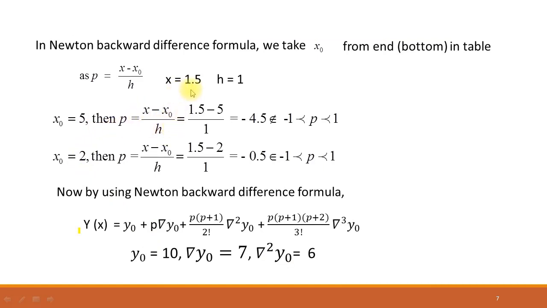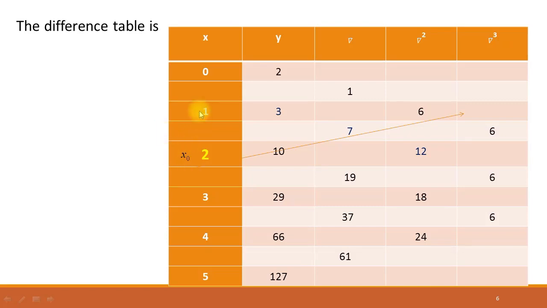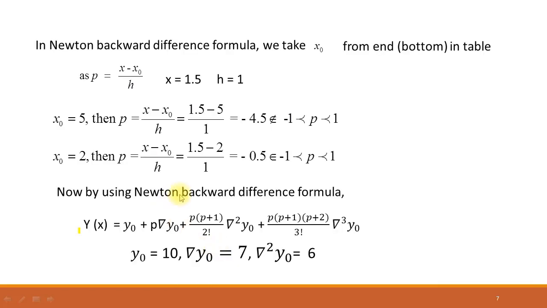Since it is given that we calculate the value of y at x equal to 1.5, this is the value of x, and x naught is equal to 5 from the table, and in the data there is one gap, so the step size h is 1. Now after simplification, 1.5 minus 5, we get minus 4.5, which does not lie in the range between minus 1 and 1.